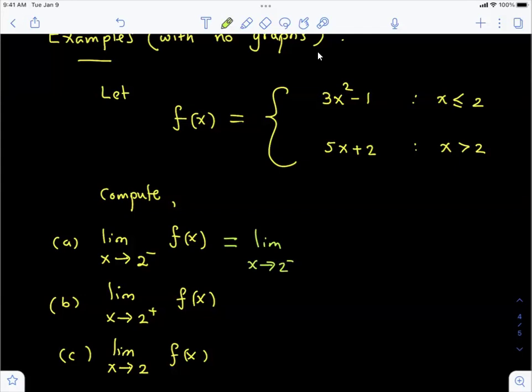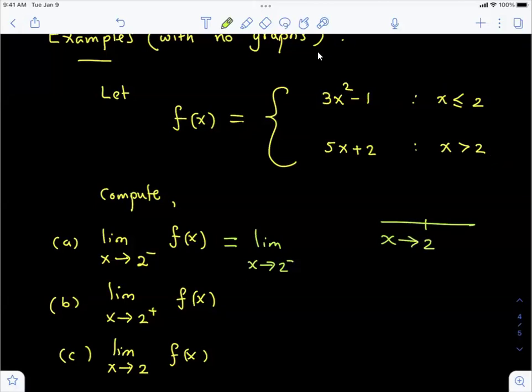When you consider the left limit, let's try to see which branch corresponds to that scenario. Is it the top branch or the bottom branch? When you consider x approaching 2 from the left side, try to visualize: x is right here and 2 is right here.